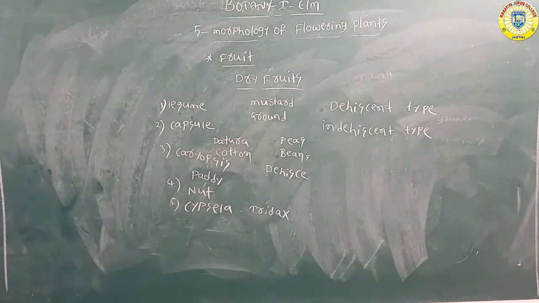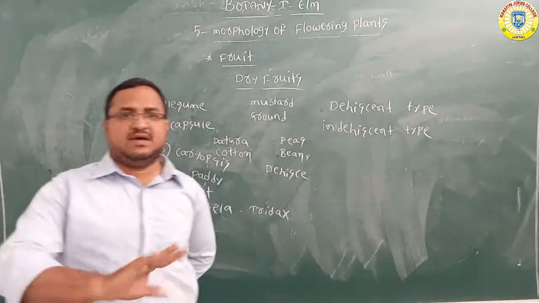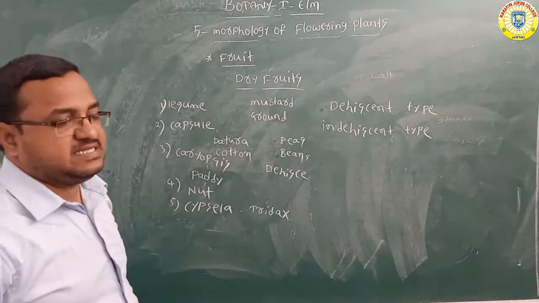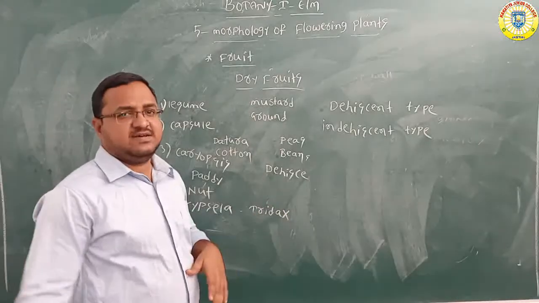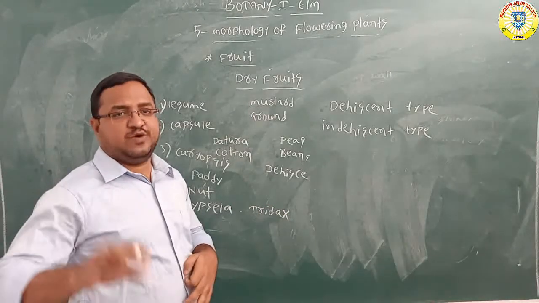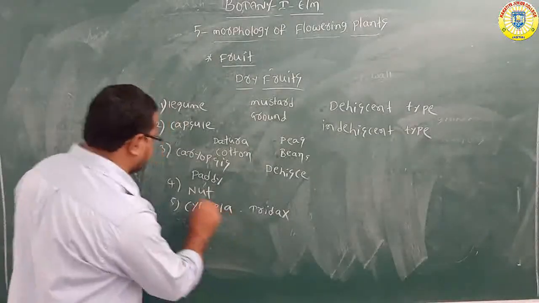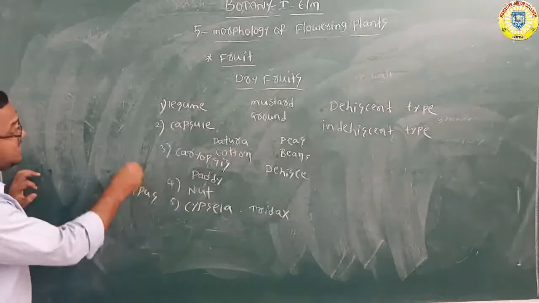Here the fruit is single seeded, and it has a persistent pappus-like calyx. Here you can see the pappus, a persistent pappus-like calyx.